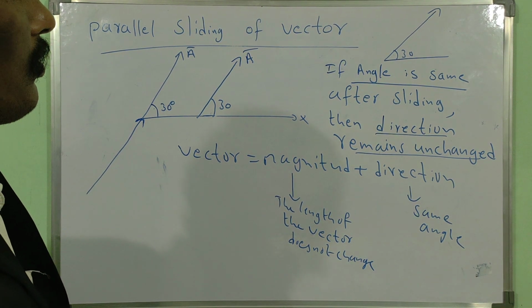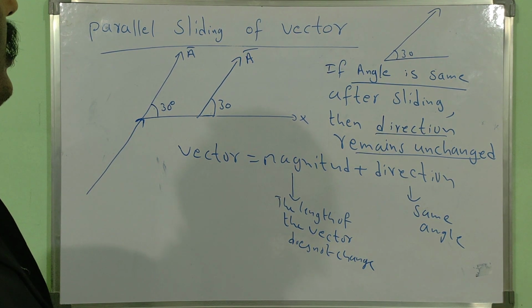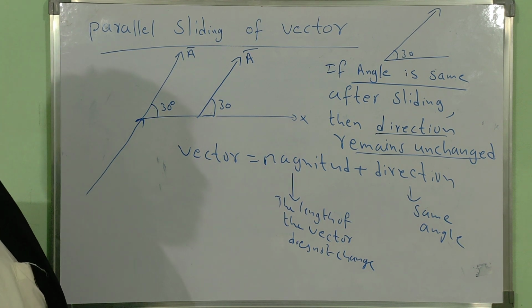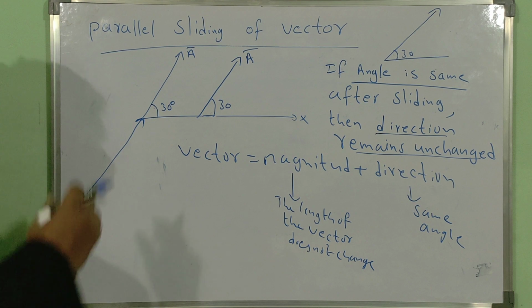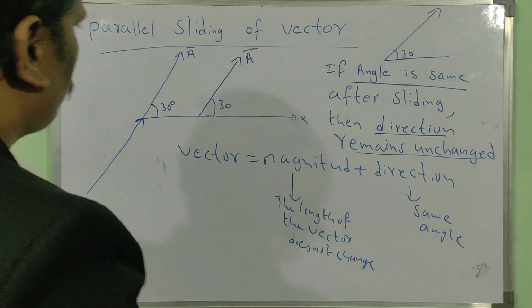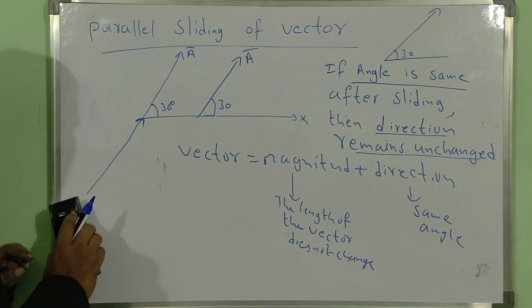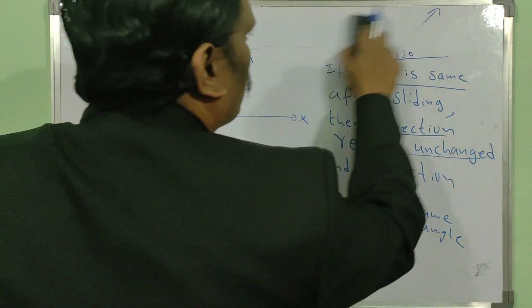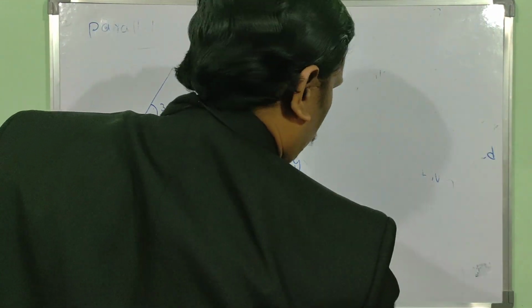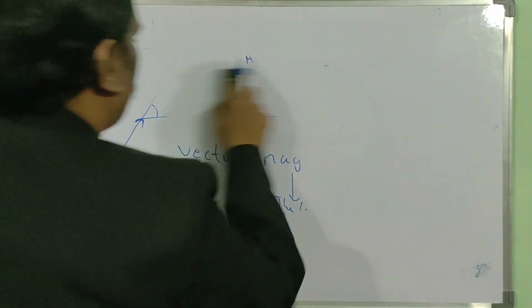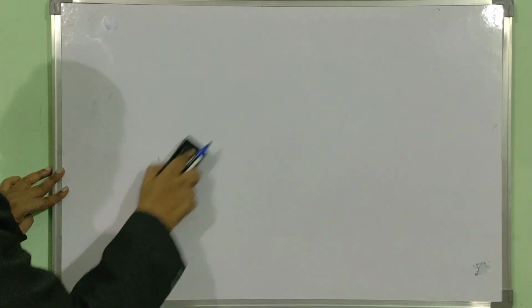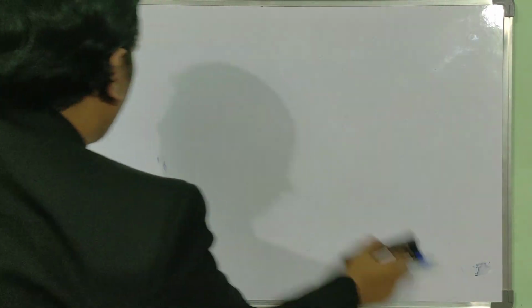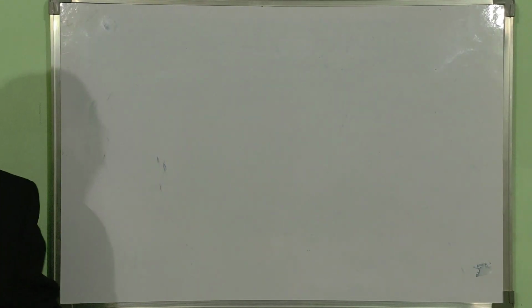Slide it, no problem. So in that way you can slide to anywhere without changing the angle. Right. Note down. Right. The next one, angle between the two vectors.